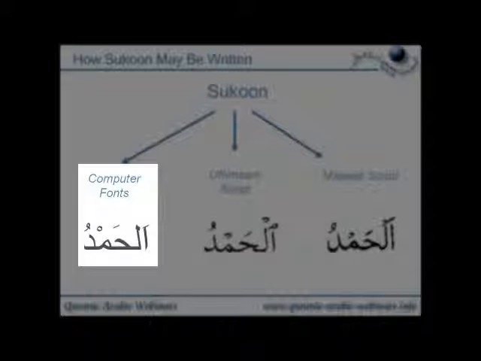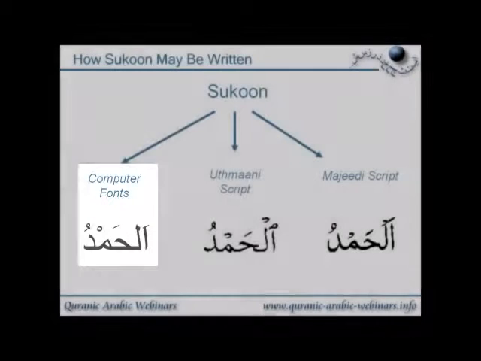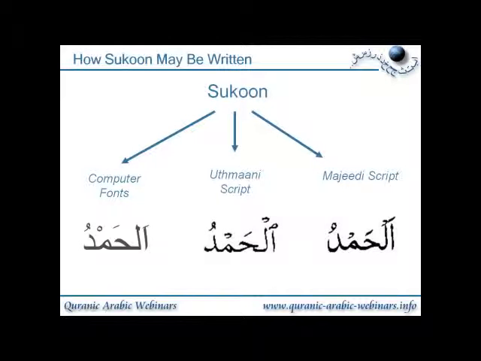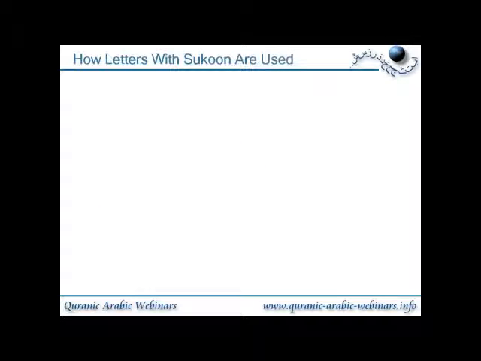So the first version of the word in the computer font has the circle. In the Uthmani script, that circle means something totally different from Sukoon. So we'll cover that later on, under a section which will cover other symbols apart from the main ones.